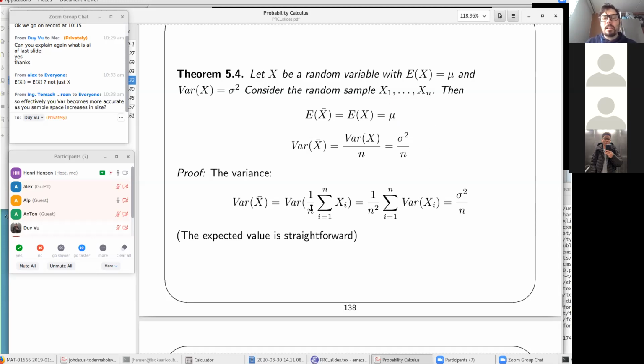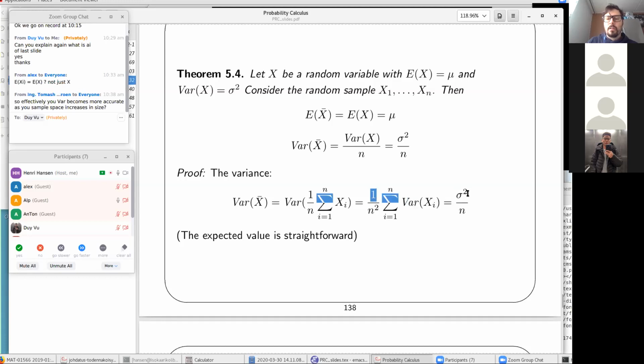And you know easily the variance of the sum. There is a coefficient here, 1 over n, so that coefficient comes as quadratic here, and you add the variances because they are independent. You can add the variances. So this is n times the variance of x, but you are dividing it by n squared.